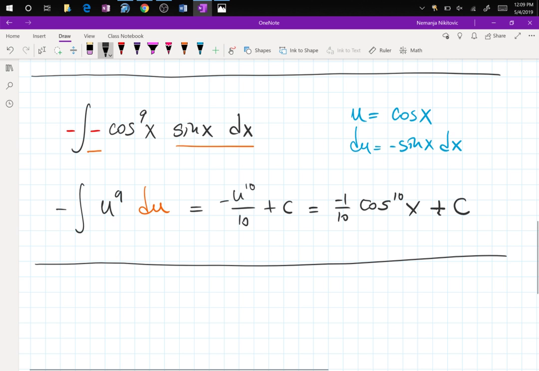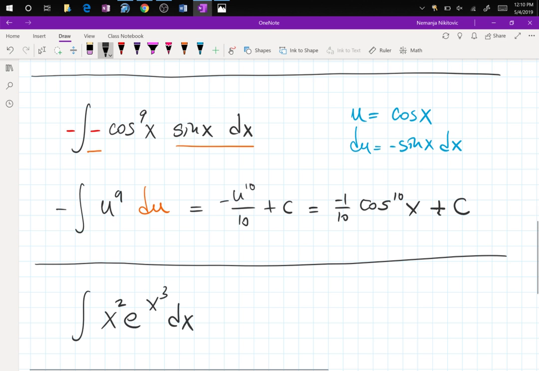So let's see another one. Integral of, let's say, x squared e to the x cubed dx.